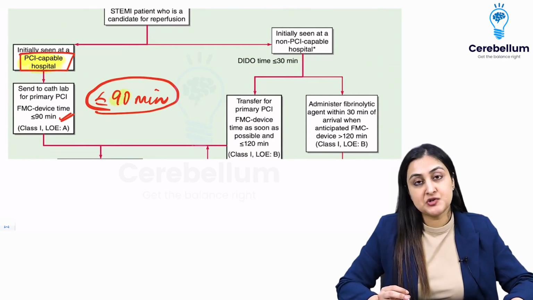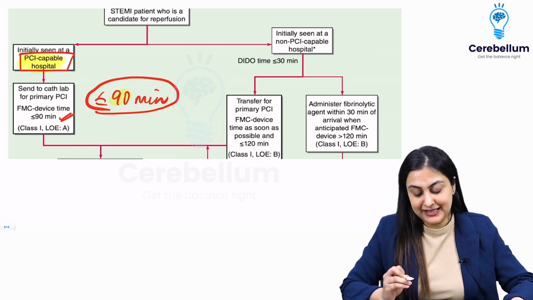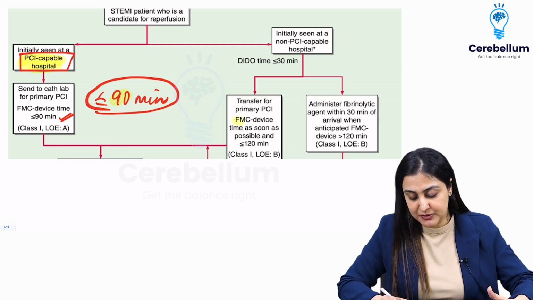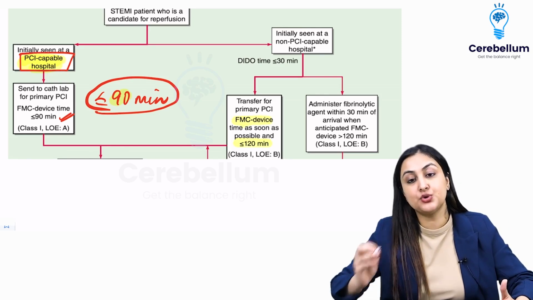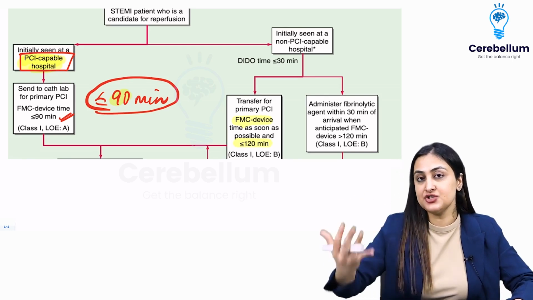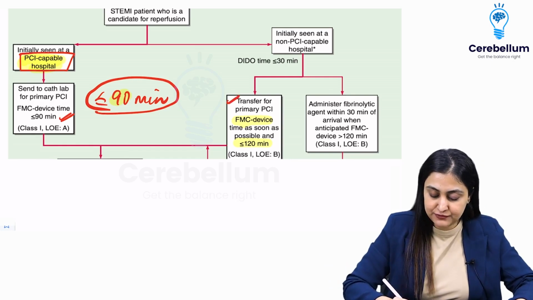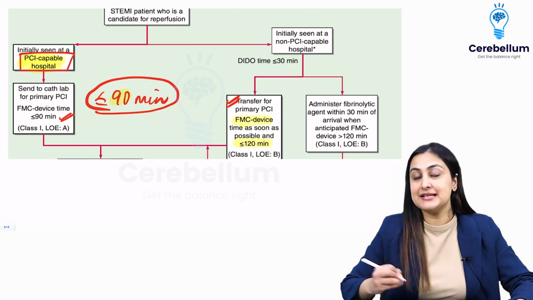If the hospital is non-PCI capable, here you want to remember that if you can't do it, you can send them to a PCI hospital. So first medical contact to device time is less than or equal to 2 hours. You can send them such that in 2 hours this could be done. So you can refer them. You transfer for primary PCI if the device time could be less than 2 hours.